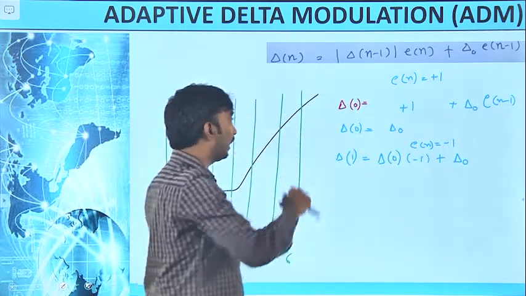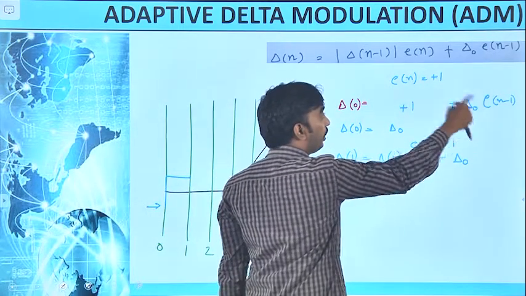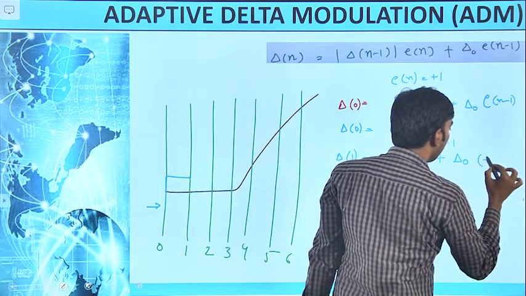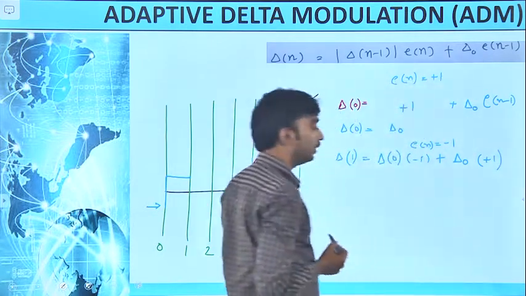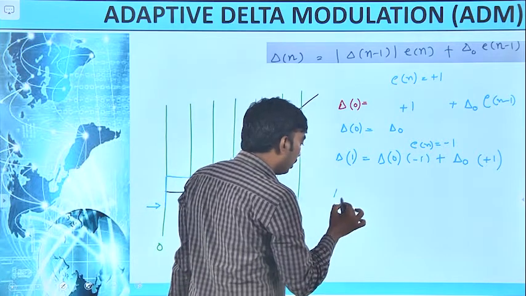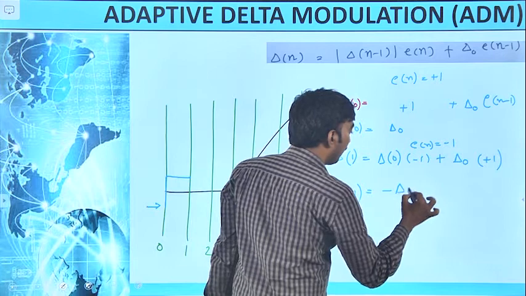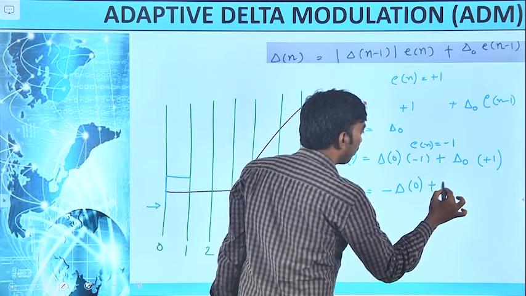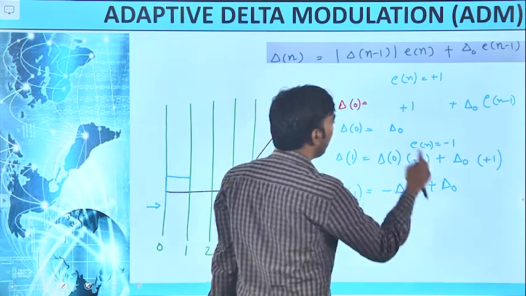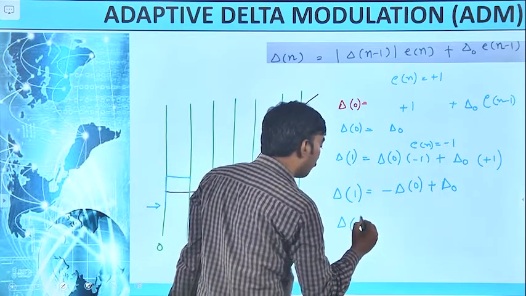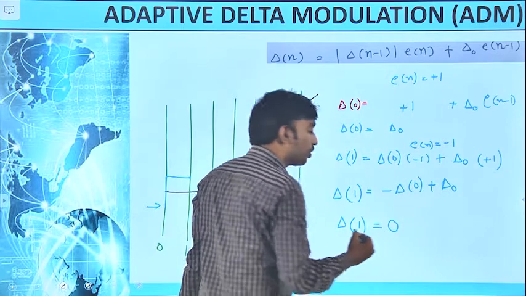The previous error is plus 1, right? It is plus 1. And now del of 1 is equal to minus del of 0 plus del 0. Now del 0 is equal to del of 0. That means del of 1 is equal to 0.